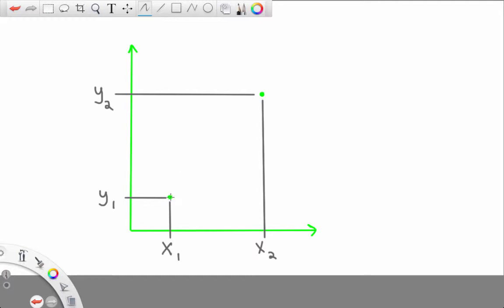So this point here has coordinates x1, y1. And this point here has coordinates x2, y2. And connecting these 2 points and finding the distance is the goal. So we want to find distance d.